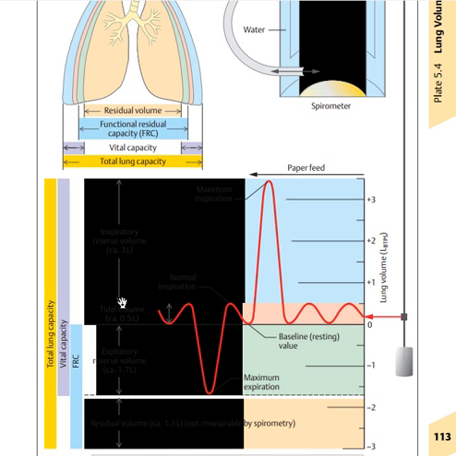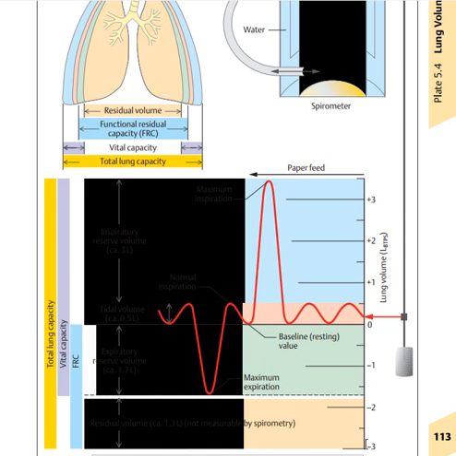Now the inspiratory reserve volume is calculated from this point here to this point here. The vital capacity is calculated from this point here to up here. The total lung capacity is calculated for all the lungs from this point down to this position here, and the functional residual capacity is going to be calculated from here to here.